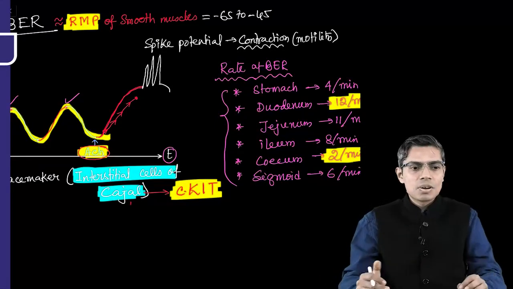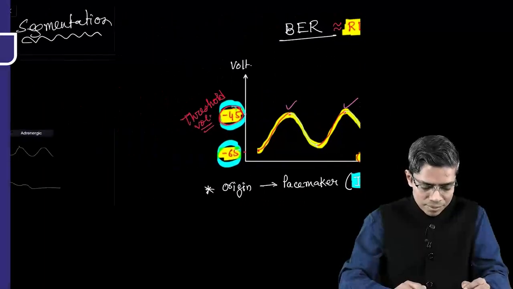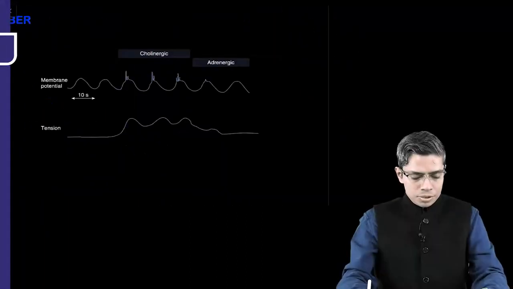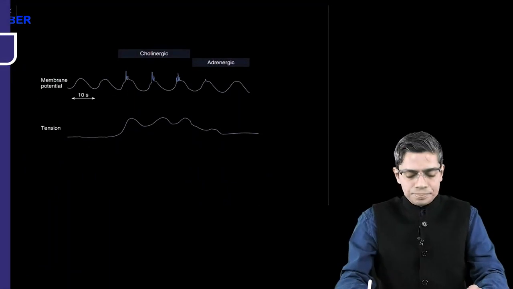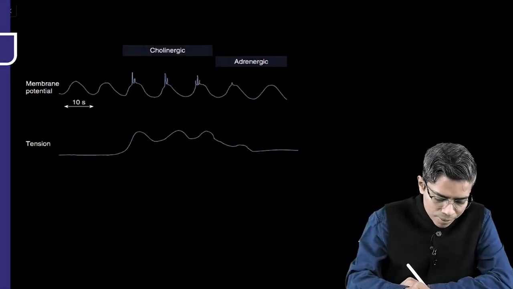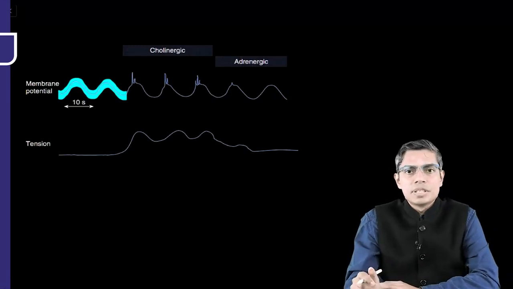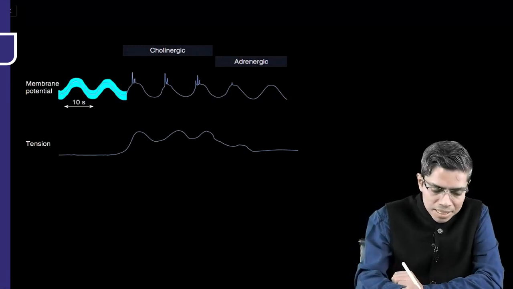Okay, so this is all about the BER. Now you look at the graph which is given in Ganong. Look at this graph carefully. First of all, you are finding out that membrane voltage is fluctuating. So simple fluctuation of the membrane voltage is nothing but BER.